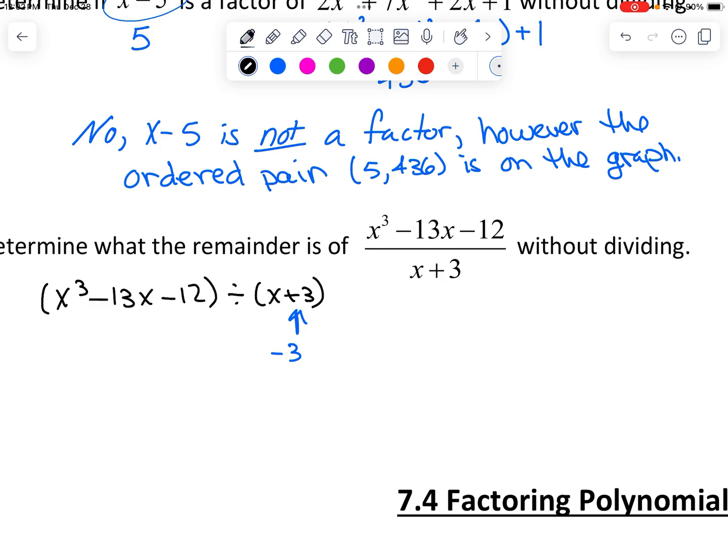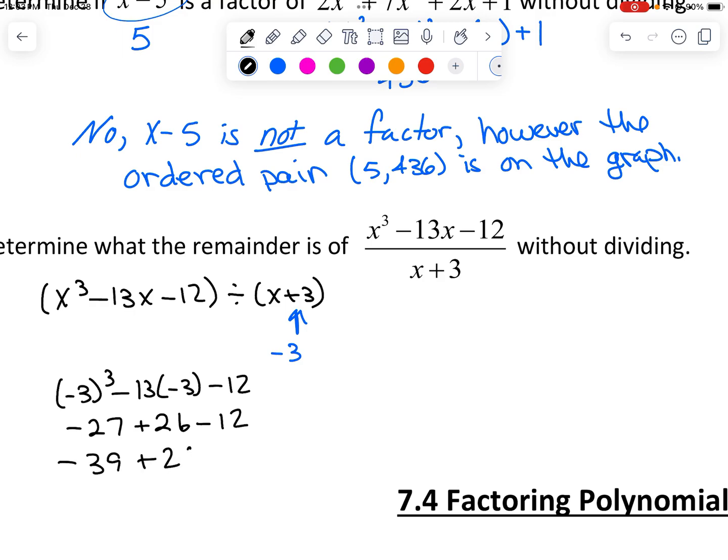So we're going to say negative 3 raised to the third power minus 13 times negative 3 minus 12. That would be negative 27. That would be negative 39 minus 12. That would be negative 39 plus 26. That would be negative 13.